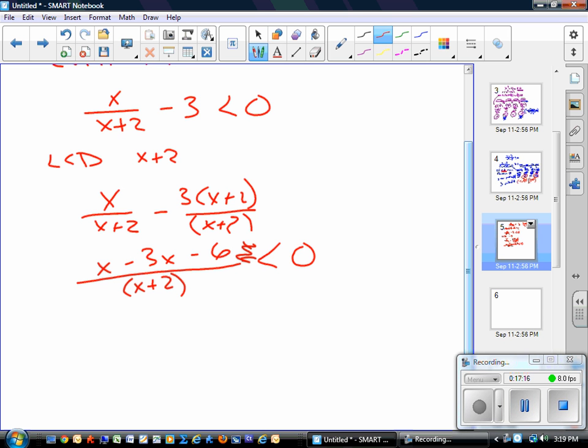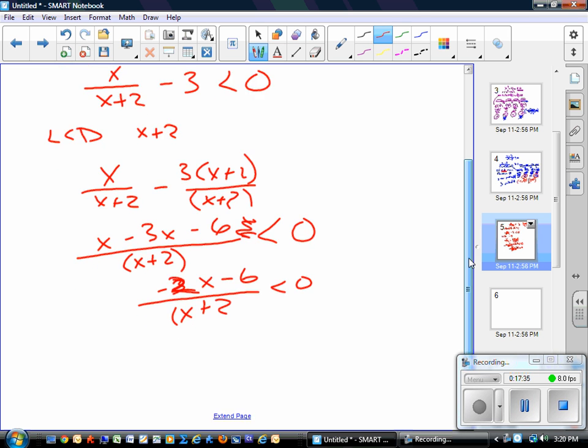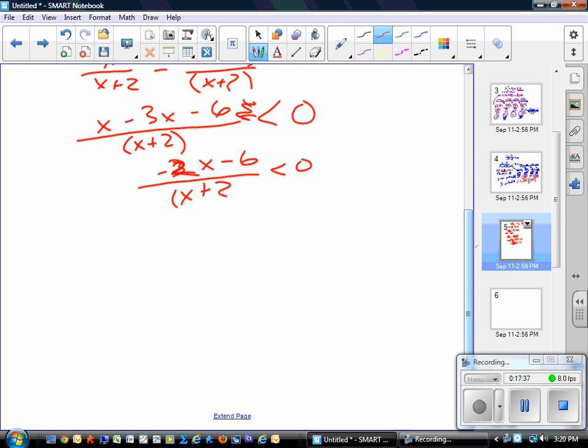Given this, I can say that -2x minus 6 over x plus 2 is less than 0. Let's get a little more board space. From here, we're going to identify those critical numbers again. I have a critical number at -2.